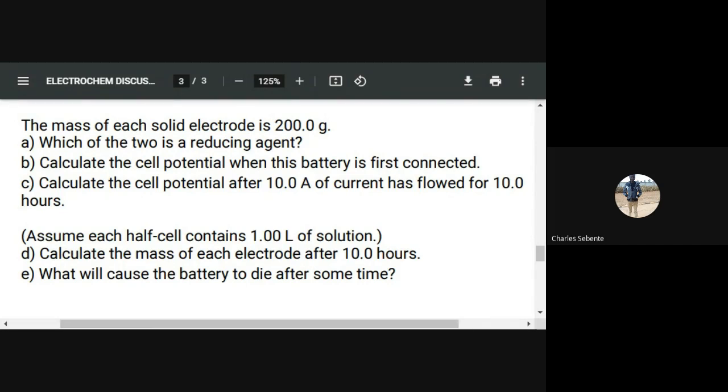So you're going to say, since the cathode lost 1.87 moles of copper ion and the anode gained it, then from the cathode we subtract that 1.87 moles to have the moles that remained on the cathode, and then the same 1.87 will be added to the anode to have the number of moles of zinc on the anode.